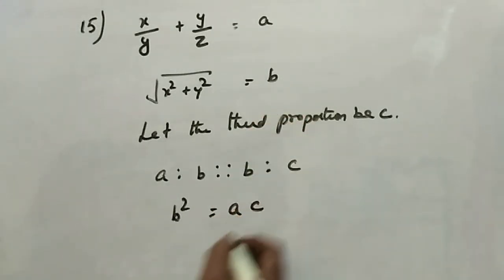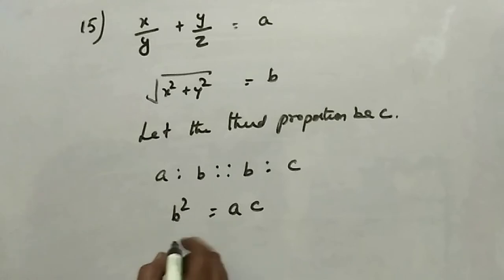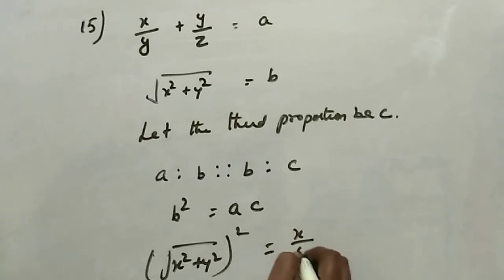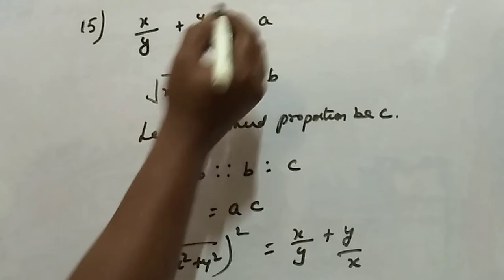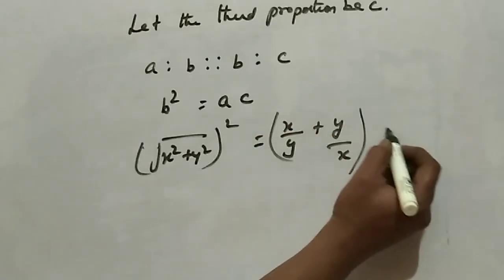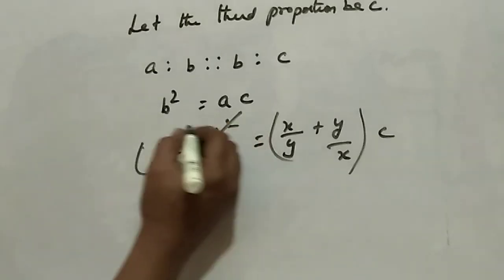So you will write under root x square plus y square whole square is equal to x upon y plus y upon x, into C. Take LCM. These two get cancelled.